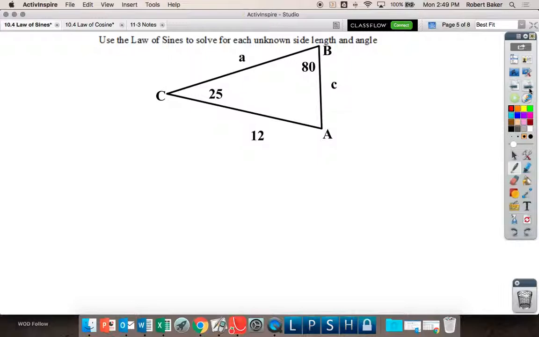What's the first thing you would do immediately? Find the missing angle. 75.